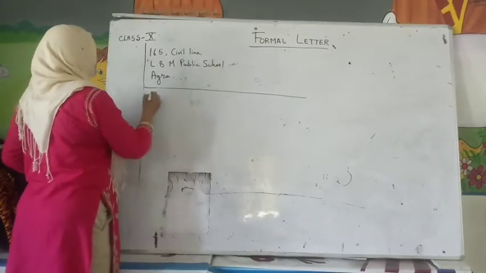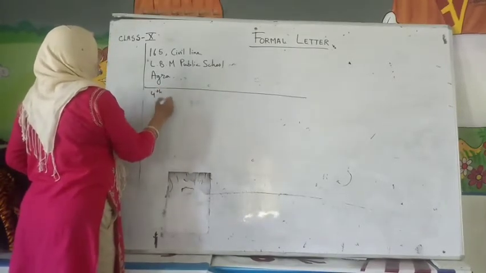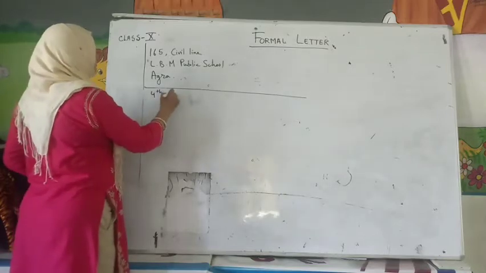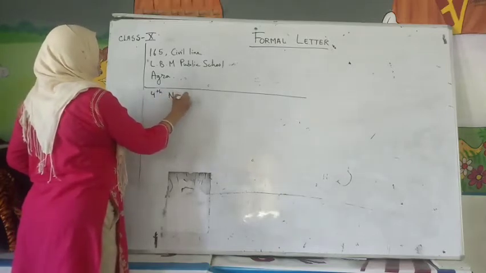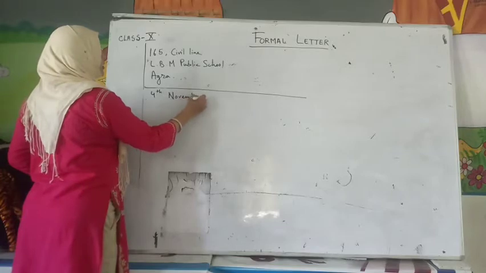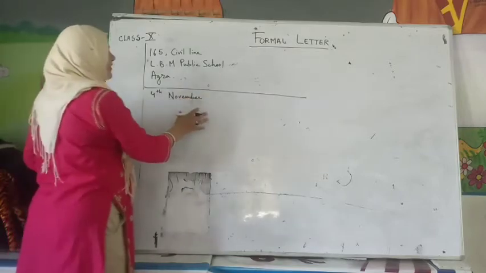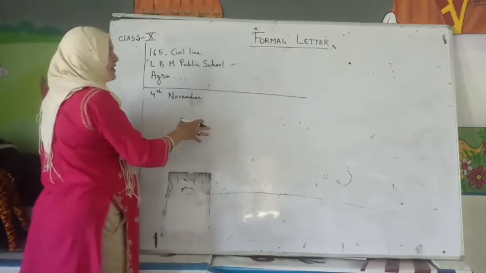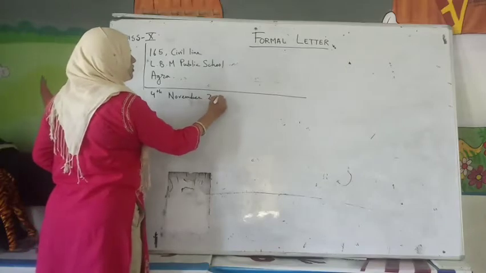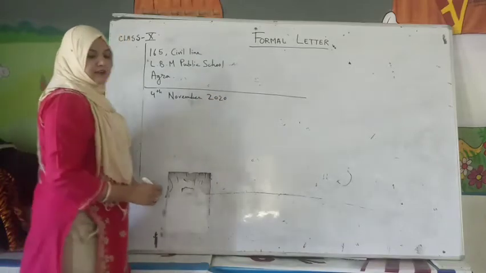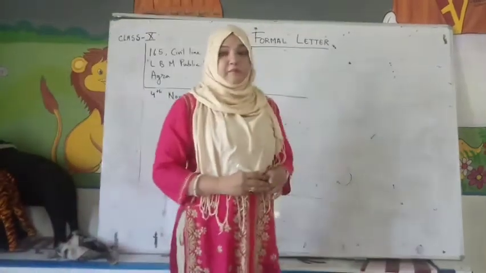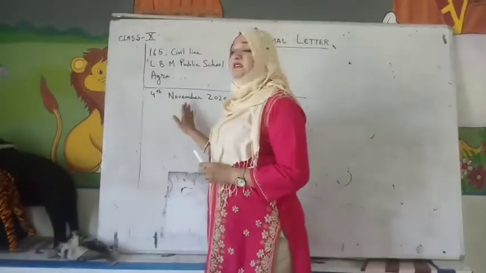That is 4th November 2020. You have to write the whole month and no short forms please. Is that clear? Now this is very, very important. This part is very important.